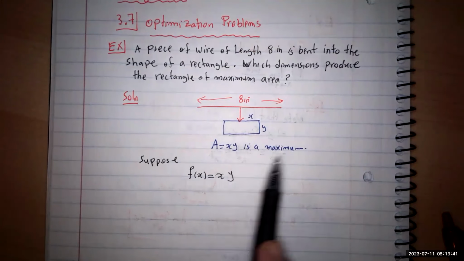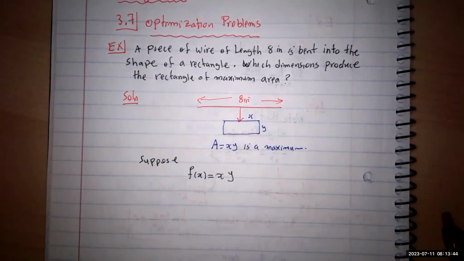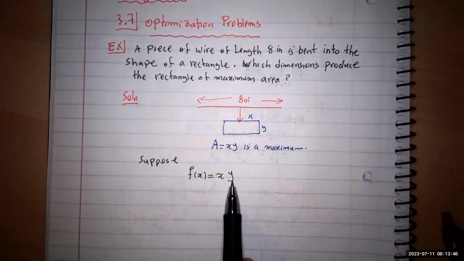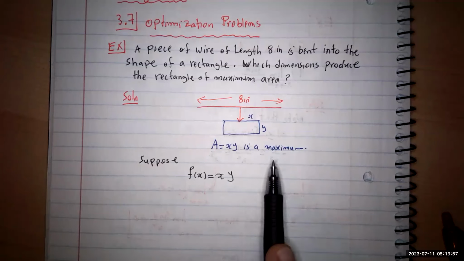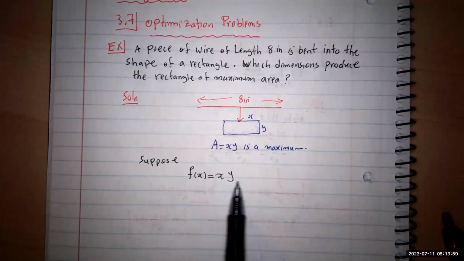But in all these problems, your function is going to be a function of 2 variables. In calculus 3, we can do it with a function of 2 variables, and that would be the Lagrange multipliers that I talked about. But in this course, you can't do it with 2 variables.